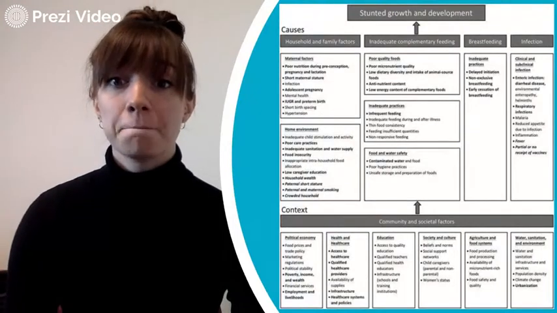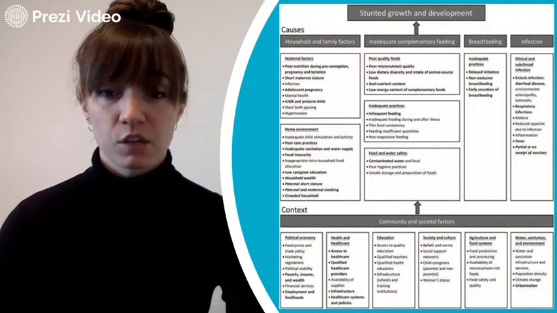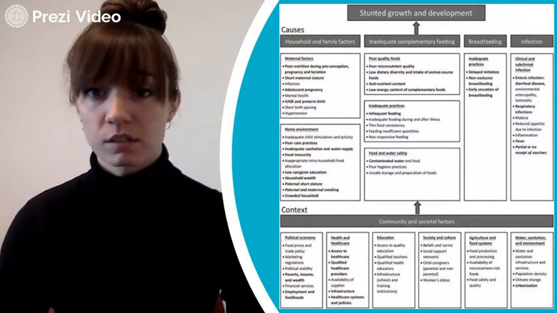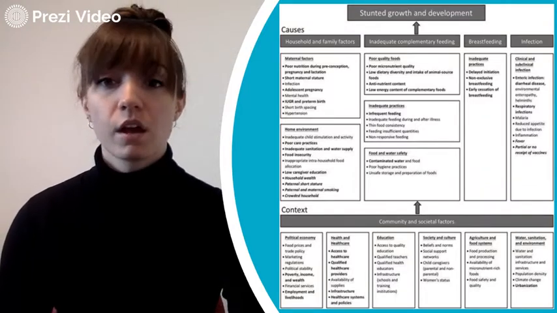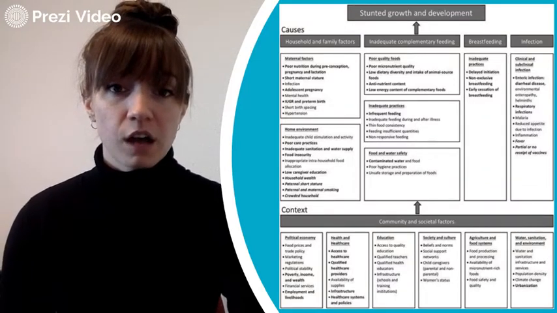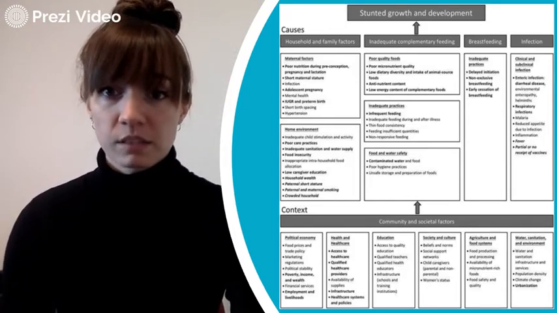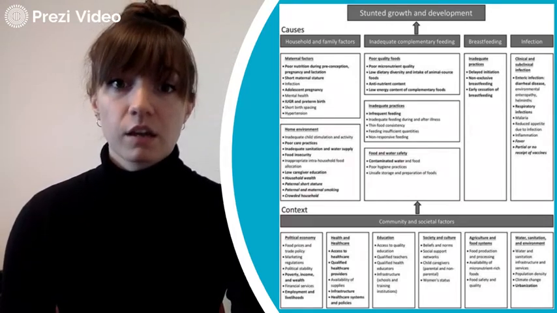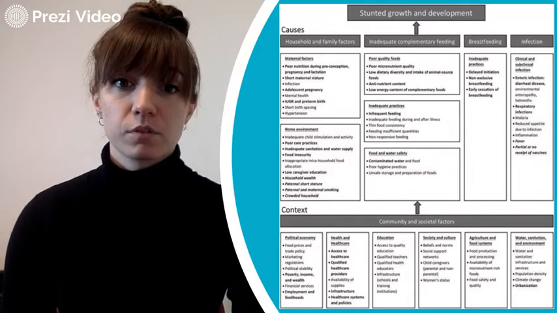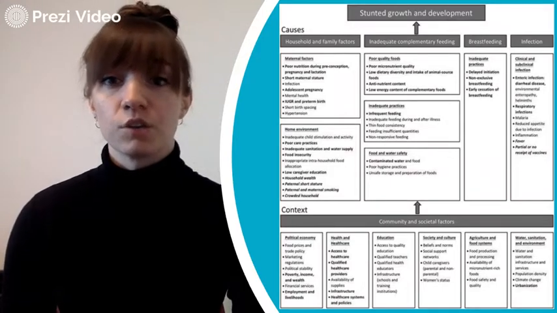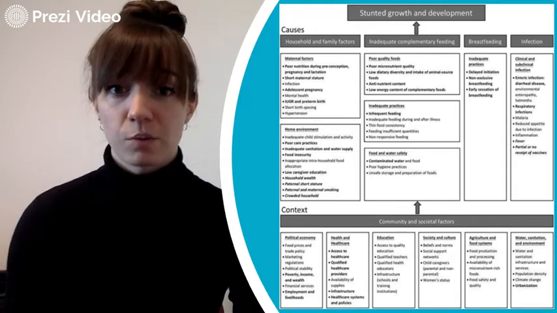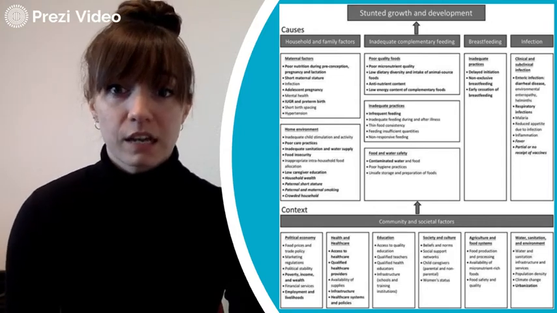So there are many causes of childhood stunting. You might assume, oh, it's all because of nutrition, which is true, but there are other causes as well, like maternal issues. Was the mama sick during pregnancy? Not just food as far as are you getting enough or is it nutritionally sound, but also when are you starting feeding your kids?